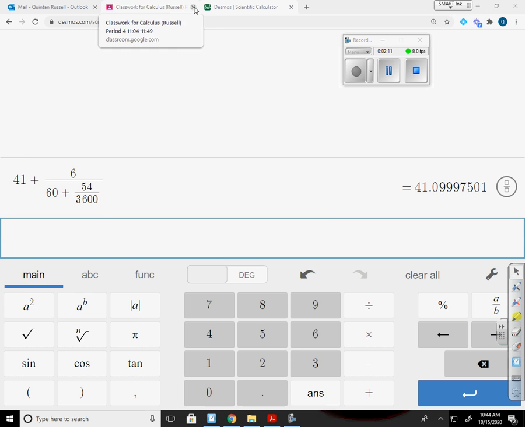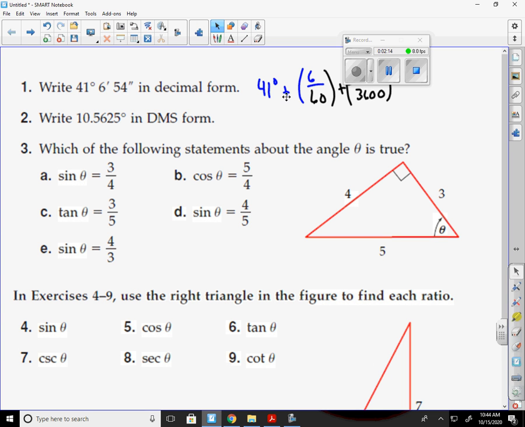Putting it in DMS form, you're going to remember the 41 stays the same. And I just do the decimal times 60. 0.5625 times 60.